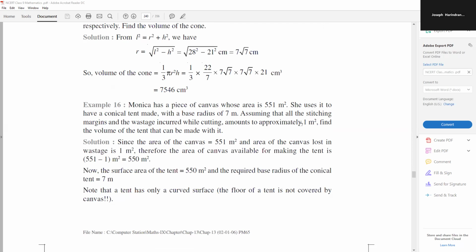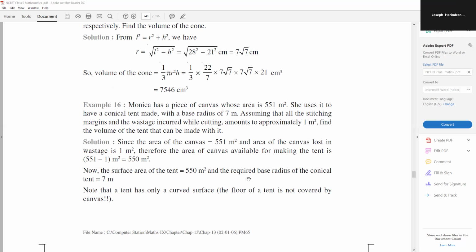So this 1 meter squared will be deducted from the canvas, because it is removed from the cloth. So the effective CSA of the conical tent will be only 550 meters squared.